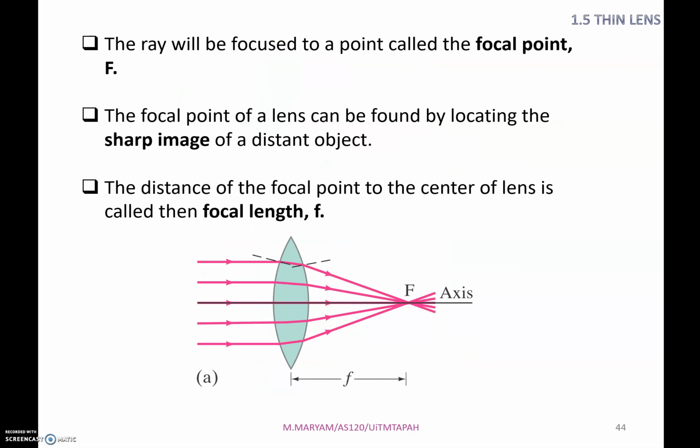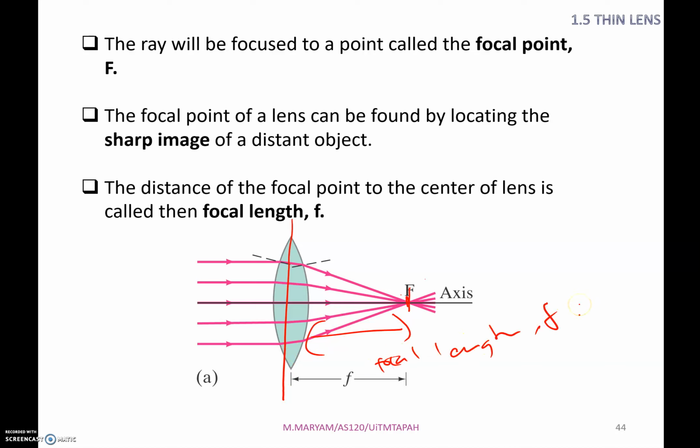Now, I've mentioned before, these lights will be focused at the focal point. So a focal point is where the light will be focused, and the distance from the lens to the focal point is called the focal length.